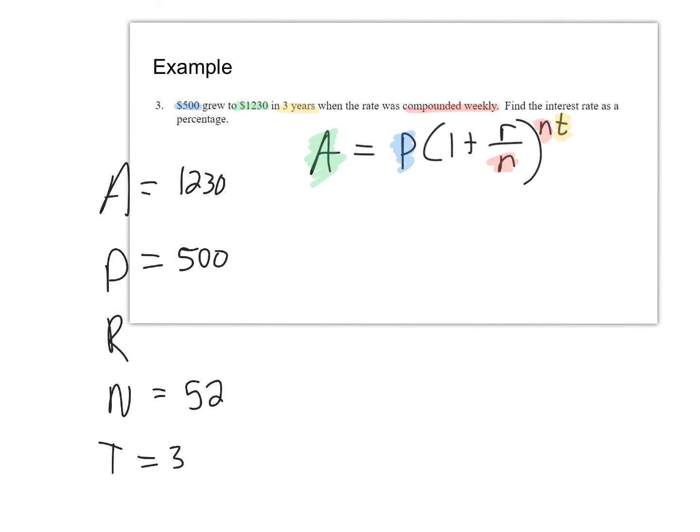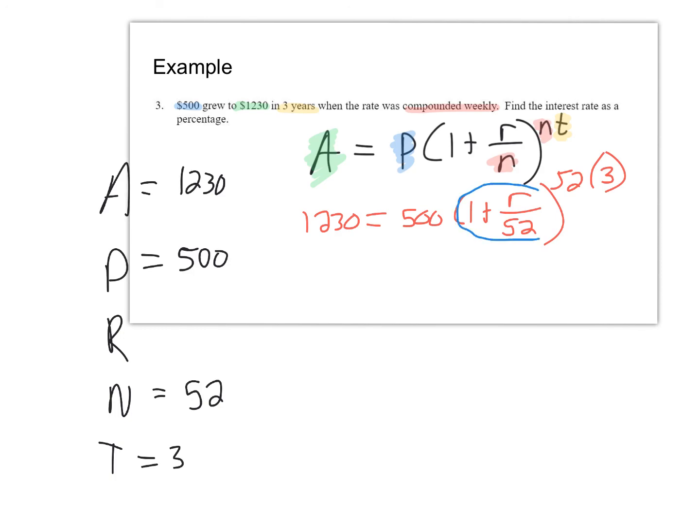All right, so let's fill in what we know. 1230 equals 500 times (1 plus R divided by 52) raised to the 52 times 3. Like so. Now here's where the fun begins, because I really can't do any work in here.